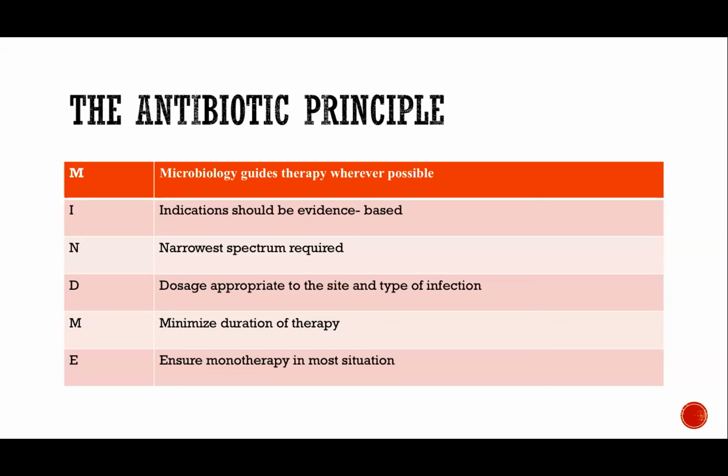But that doesn't mean we always use the narrowest spectrum. Sometimes we need a broader spectrum, especially with severely ill patients. The doctor usually starts with a very broad antibiotic to eradicate the most common causative organisms.